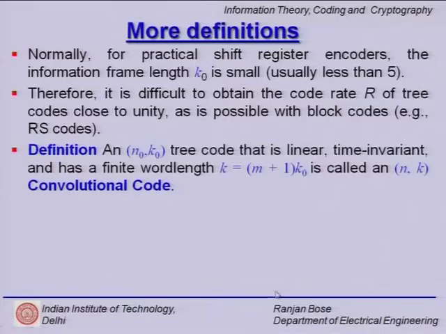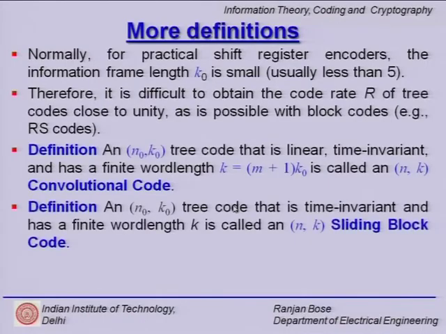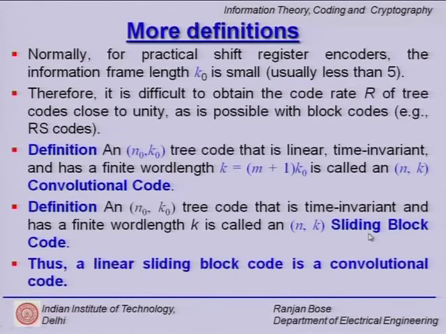So, we can easily see that the convolutional code is a subclass of a tree code. An n naught, k naught tree code that is time invariant and has a finite word length k is also called a sliding block code. Therefore, a linear sliding block code is a convolutional code. So, please note we are still in the domain of linear codes.